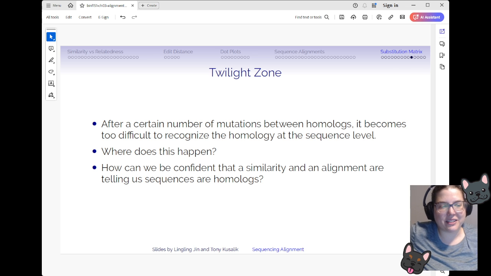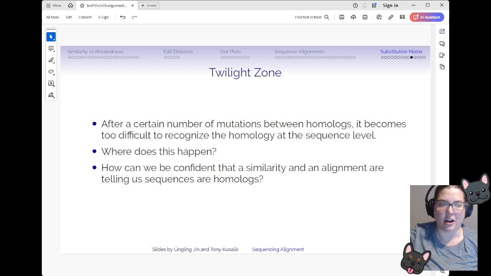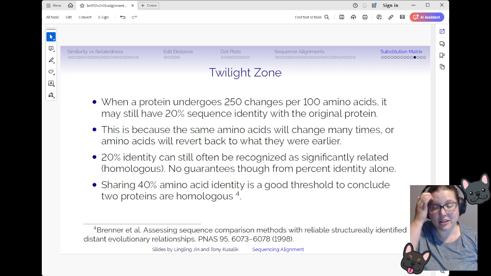After a certain number of mutations between homologs, it becomes too difficult to recognize the homology at the sequence level. You might be asking yourself, where does this happen? How can we be confident that similarity and alignment are telling us sequences are homologs? So here's the math behind this twilight zone.